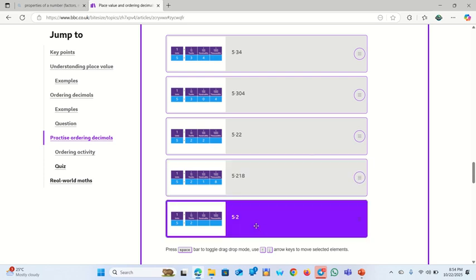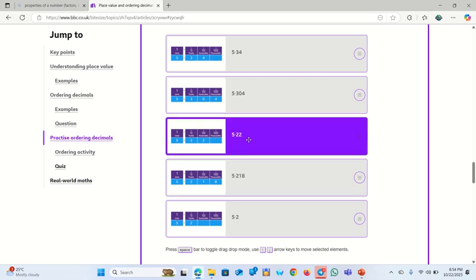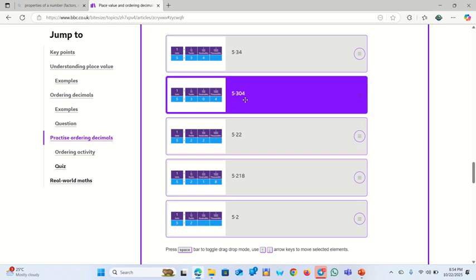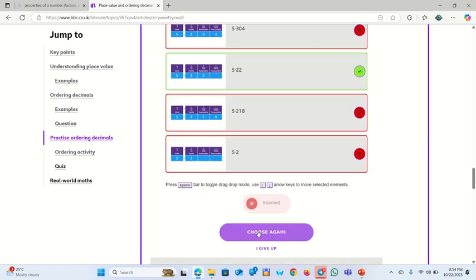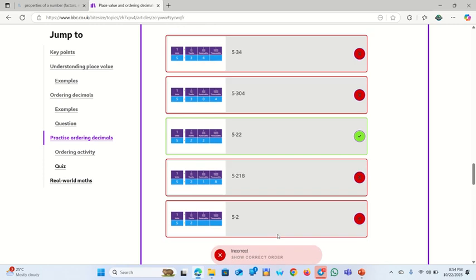Okay, so it's 5.2, 5.21, 5.22, 5.304. Okay, you see that? Ascending order.